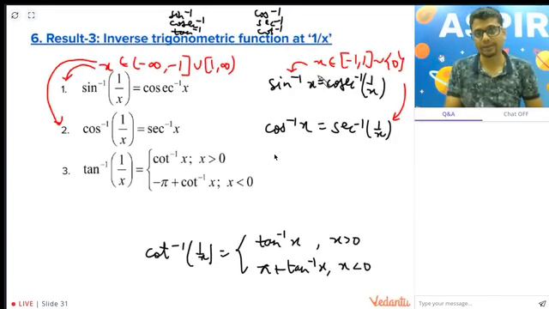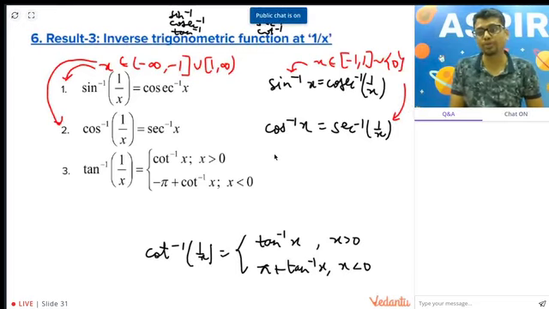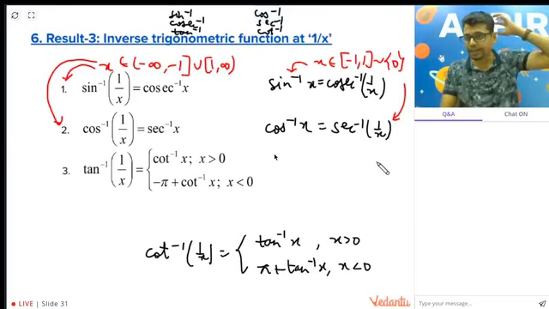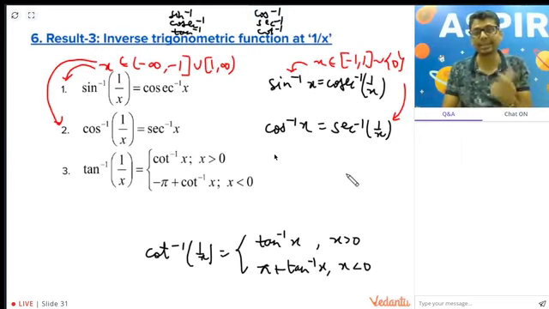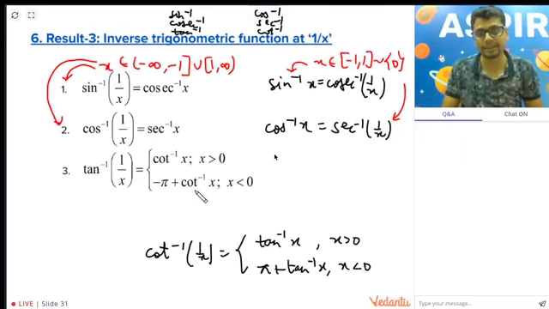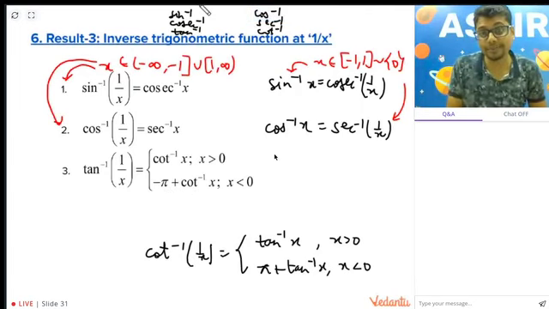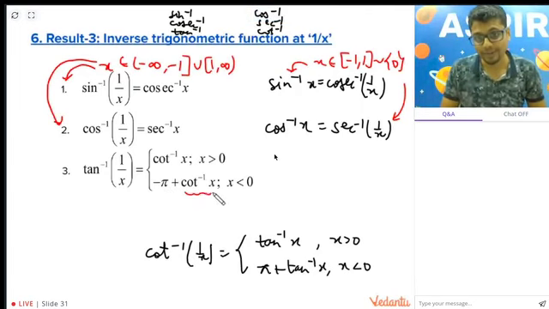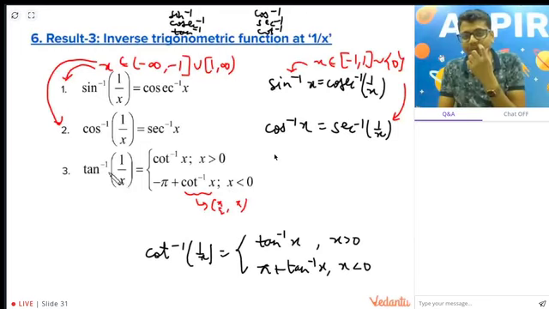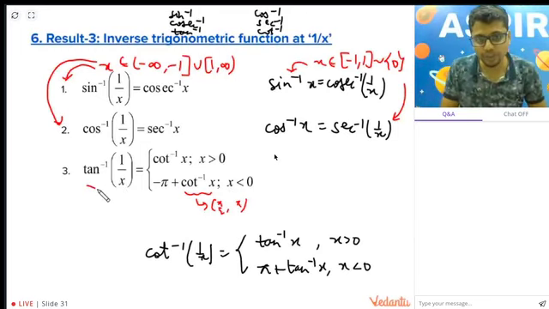All right. So ultimately you have to remember this, but what is a quick way, in case you are confused, to quickly readjust and understand? First of all, everyone please pay attention. If x is negative, cot inverse x will throw a value between pi by 2 and pi. But if x is negative, 1 by x will also be negative, and tan inverse 1 by x will throw output between minus pi by 2 and 0, right?